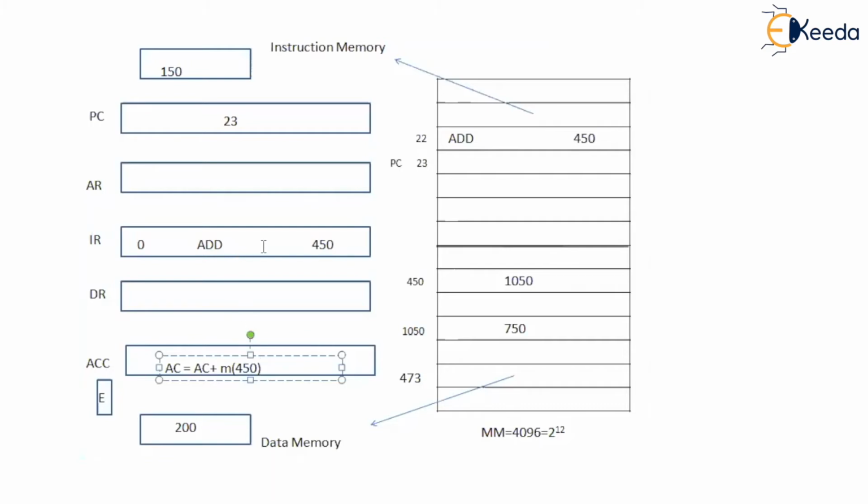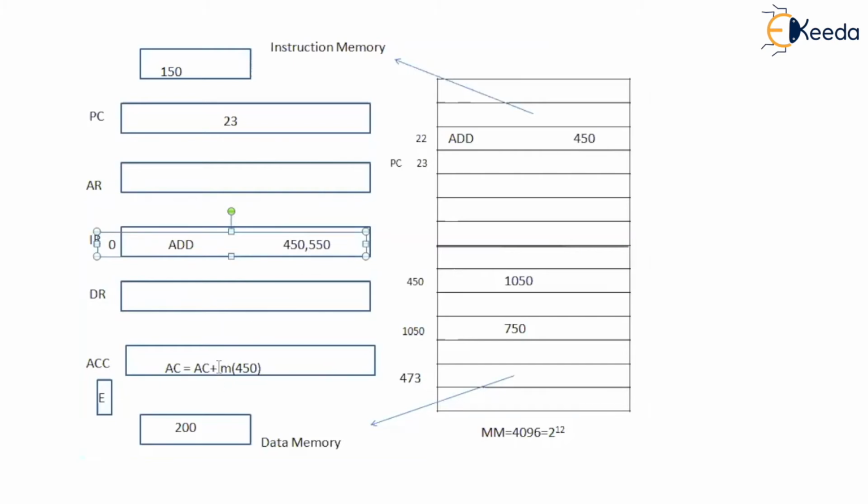One instruction may have 2 or 3 operands, such as 450, 550. Here I do have 2 operands available in the instruction itself. So at that time, one will be the source and the destination, and one more thing will be just the source. Here, accumulator cannot be implicit.